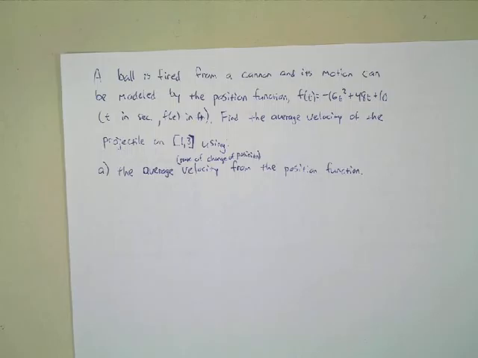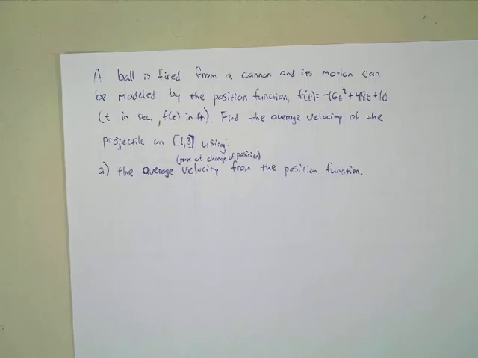So there's the two average things that we know, average rate of change and average value. They are related to each other. And whichever one you want to use depends on what you're given. So here in this problem, we're given the position function. We want to find average velocity. So to do that, that's not average value.